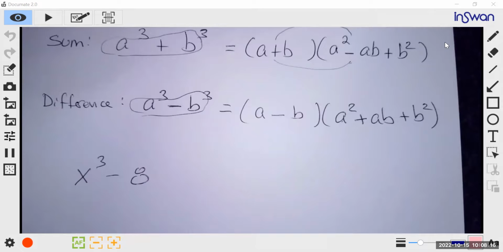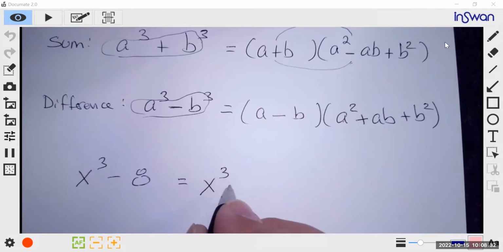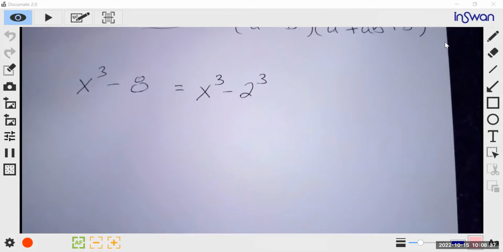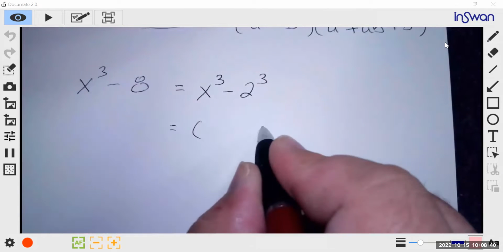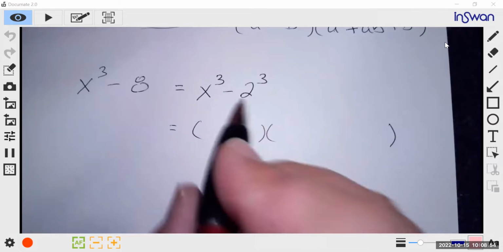So here's an example. First thing you have to determine, are these two cubes? What is 8 made up of? Yeah, 2 times 2 times 2. Since it's the difference of two cubes, we can split them up. So what goes here?